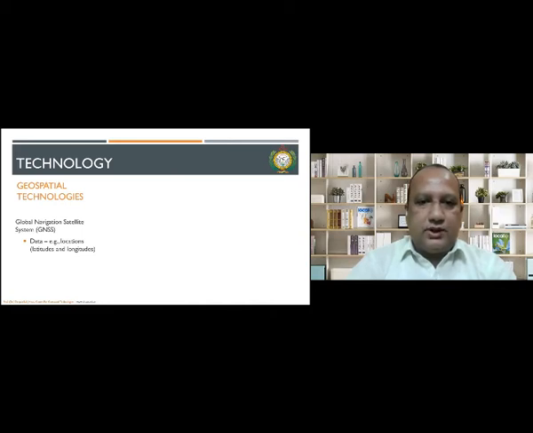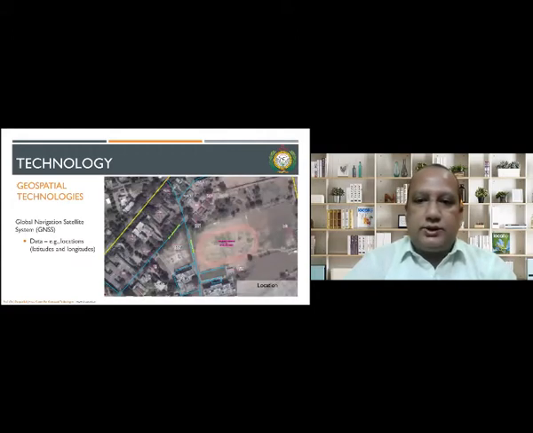So what data can we get from this global navigation satellite system? As I said, location. The main thing is location, and I've prepared a map just to show you. This is one part of our university, Shuart, and this map was prepared by some of our PG students, master's students of remote sensing and GIS. They took various location points through their GPS, and in the background you can see a satellite image.